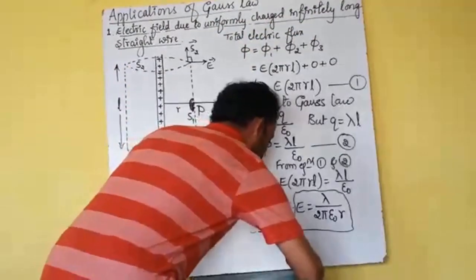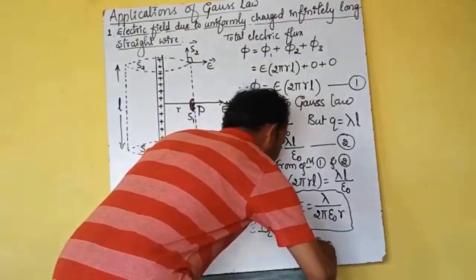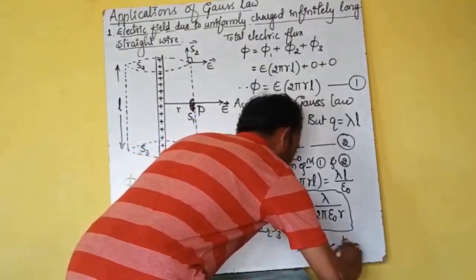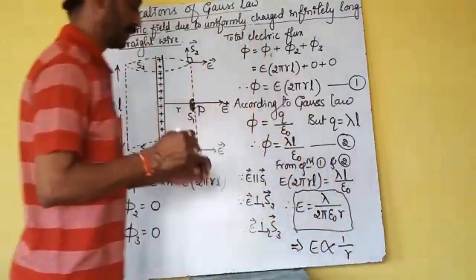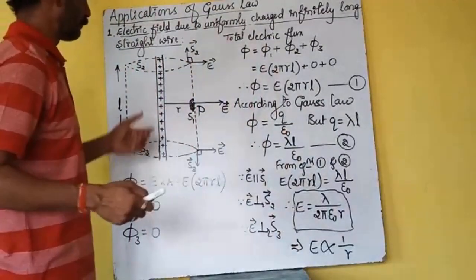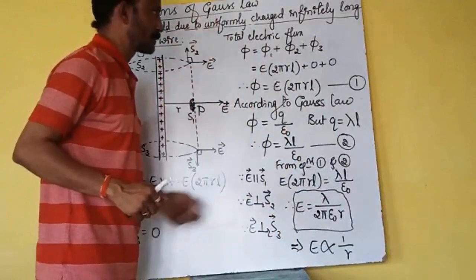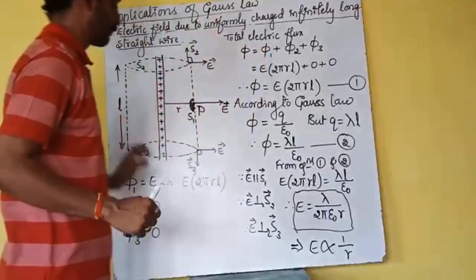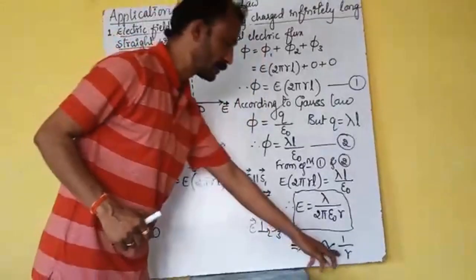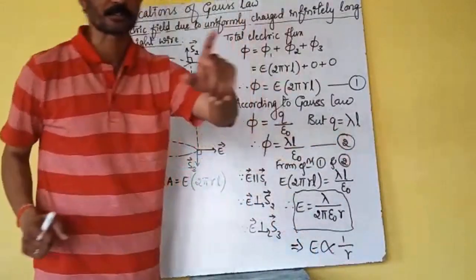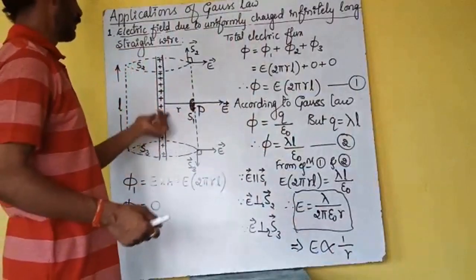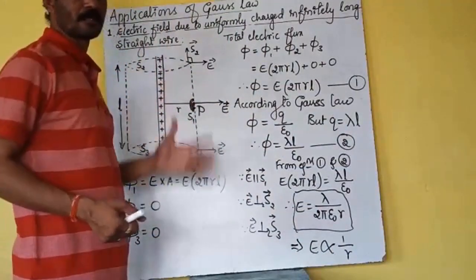This implies that E is proportional to 1 by r. It means the electric field due to a uniformly charged infinitely long straight wire is inversely proportional to the distance of the point from the line charge.